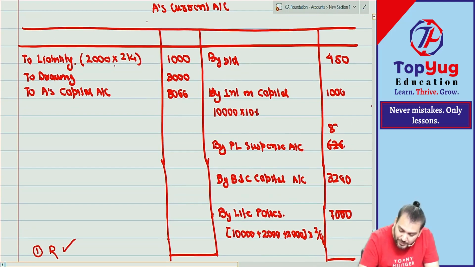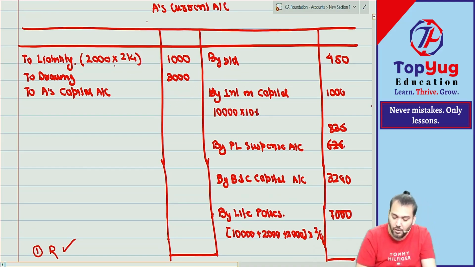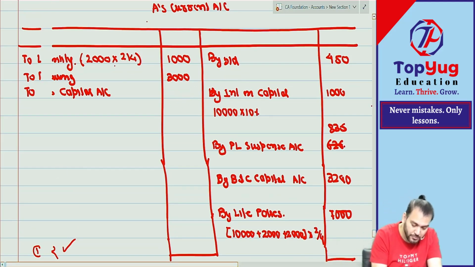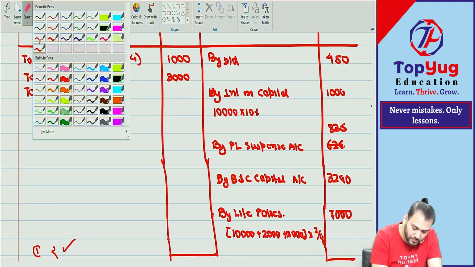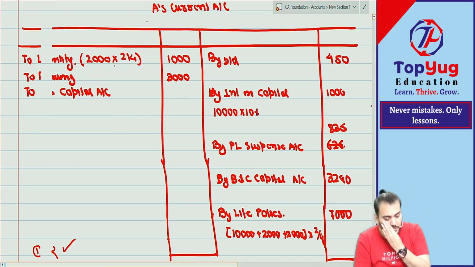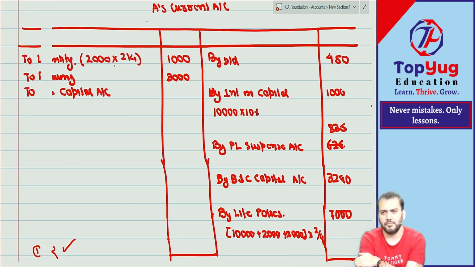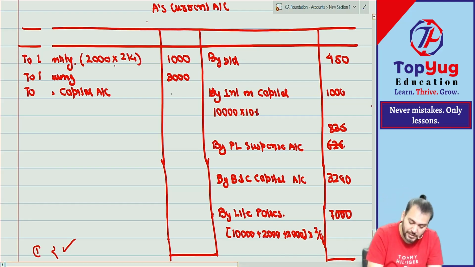This will come 835. Then this answer will change. How much is it coming? 8,525.